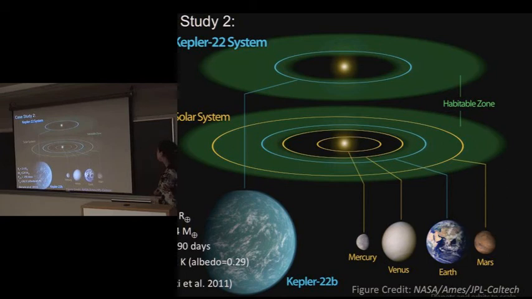And then I'll just quickly end with a second case study, Kepler-22, which I briefly mentioned. This was a planet announced last December, discovered by the Kepler Space Telescope. It's the first transiting planet found in the classical habitable zone.